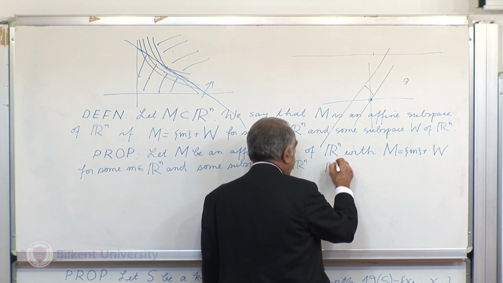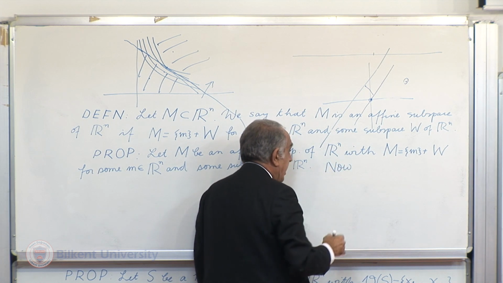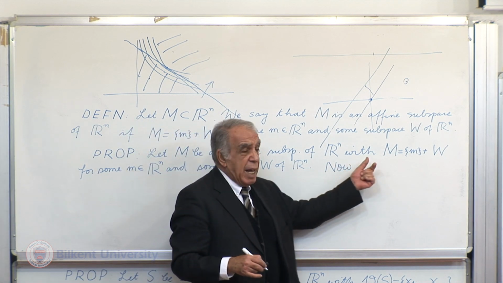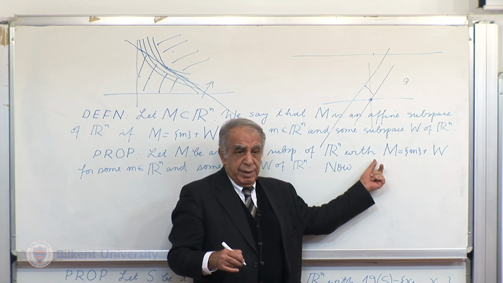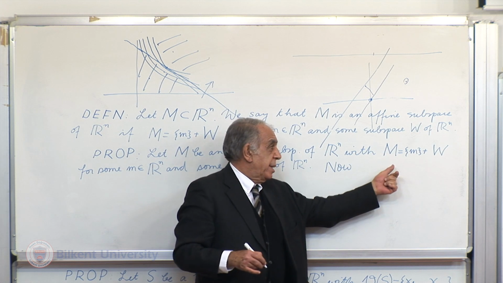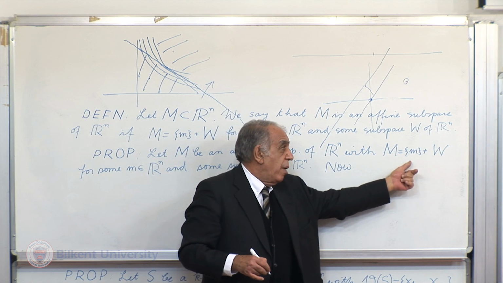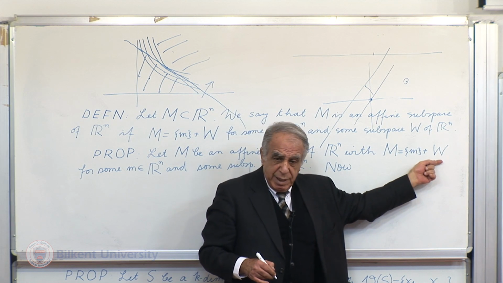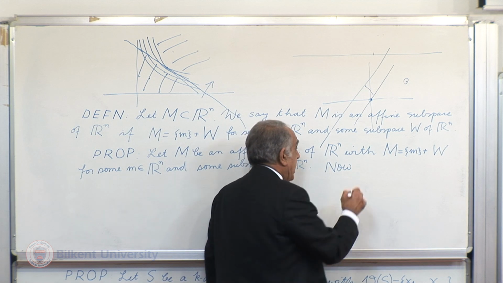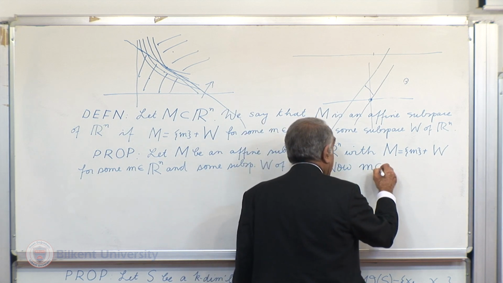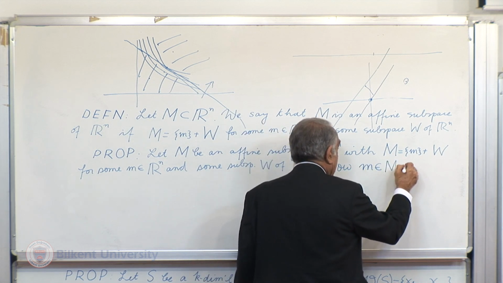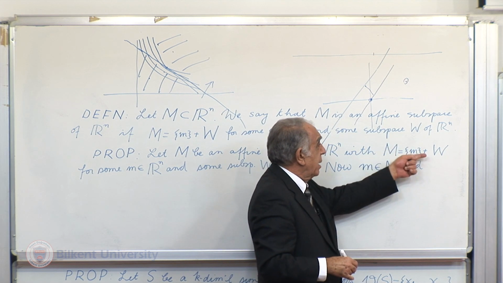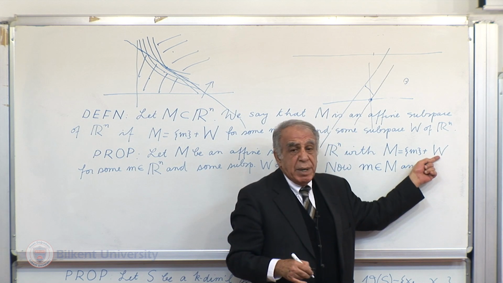Here it says for some m in Rn, but will it be in capital M? Well, always, because W is a subspace and it contains 0, so m plus 0, m, will be in here. That is, m will be in M.